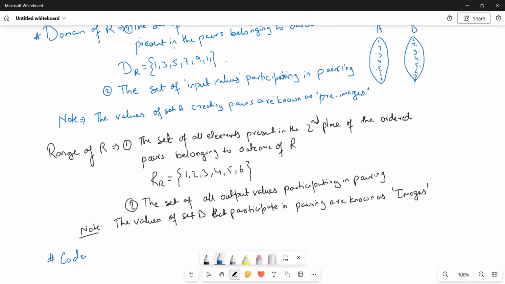And then last will be the codomain. So codomain is defined as the complete set B. Complete set B is the codomain, irrespective of whether the values are participating in pairing or not.